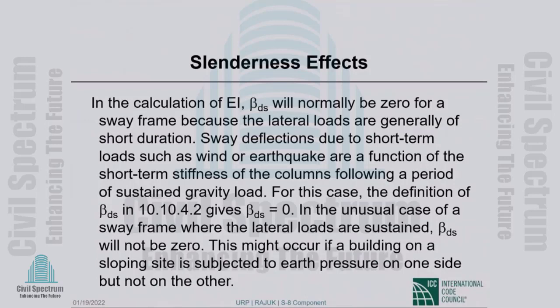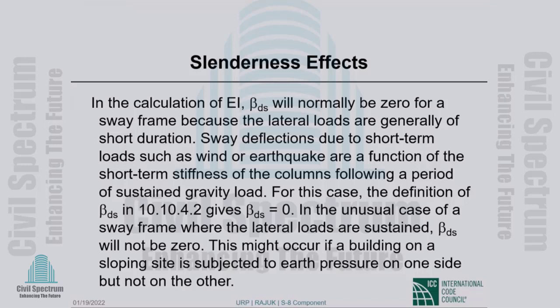Now, in the calculation of EI, beta sub ds will normally be 0 for a sway frame because the lateral loads are generally of short duration. Sway deflections due to short-term loads such as wind or earthquake are a function of the short-term stiffness of the columns following a period of sustained gravity load. For this case, the definition of beta sub ds in 10.10.4.2 gives this.